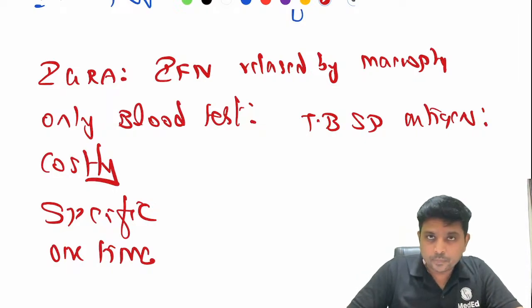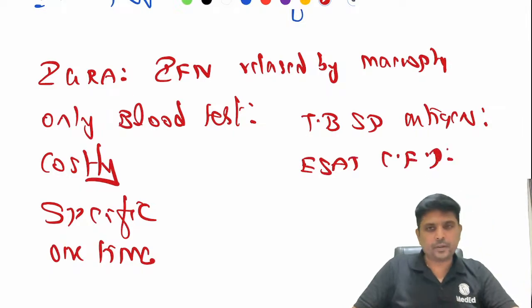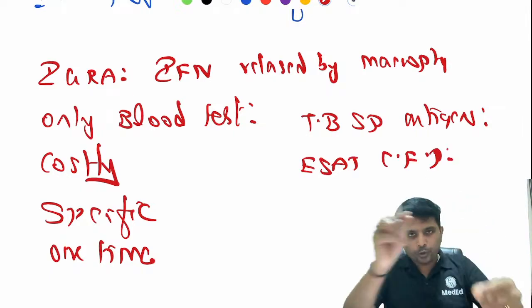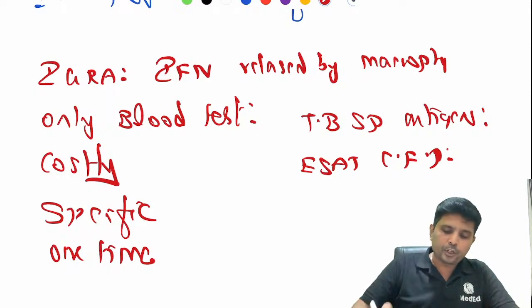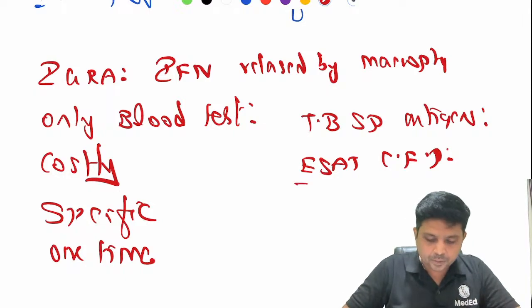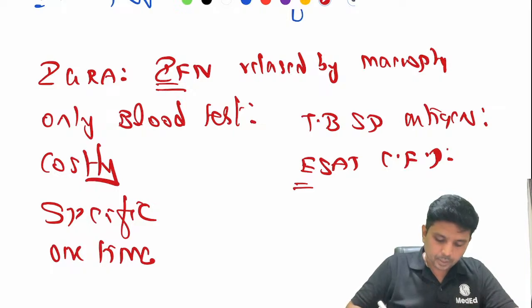There are some, like ESAT and CFP. These are TB specific antigens. They take your blood, which is sensitized for an underlying mycobacterial infection if it is present, and the blood is subjected to interaction with these TB specific antigens, and they measure the interferon gamma. So this is specific for TB but costly.